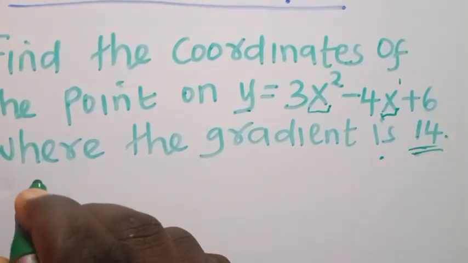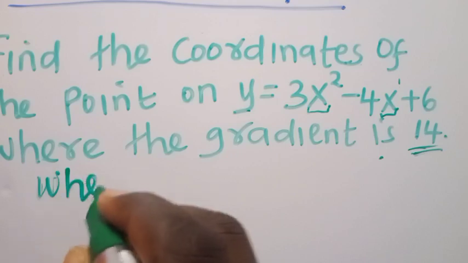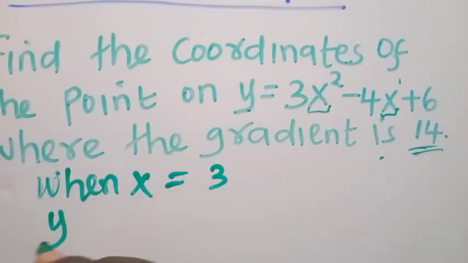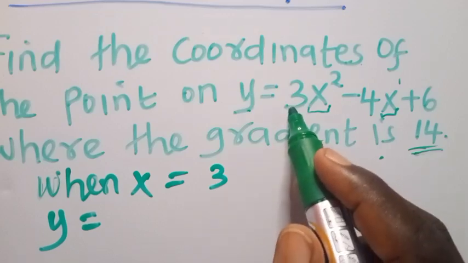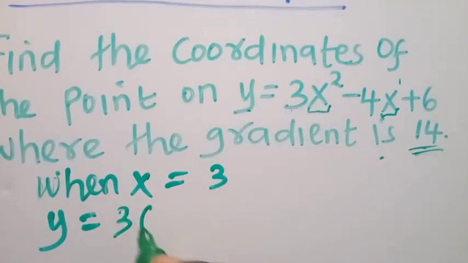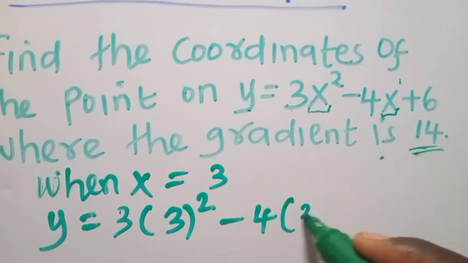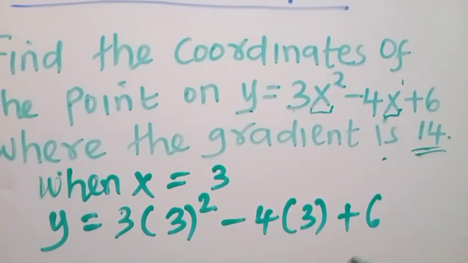Now, we can say that when x is 3, our y will be 3 times 3 squared, minus 4 times 3, plus 6.